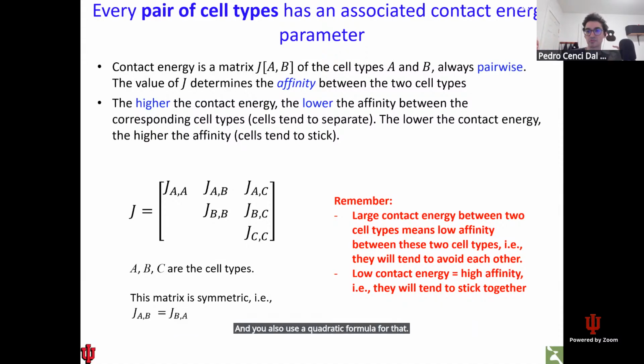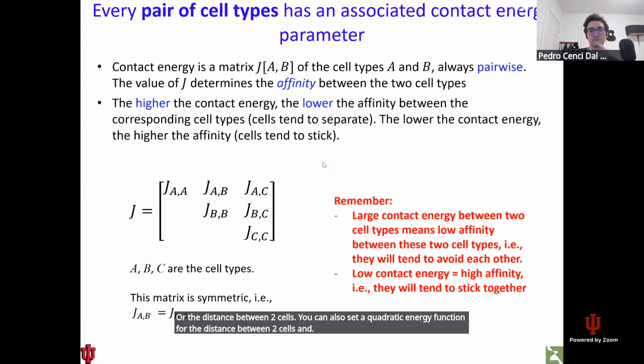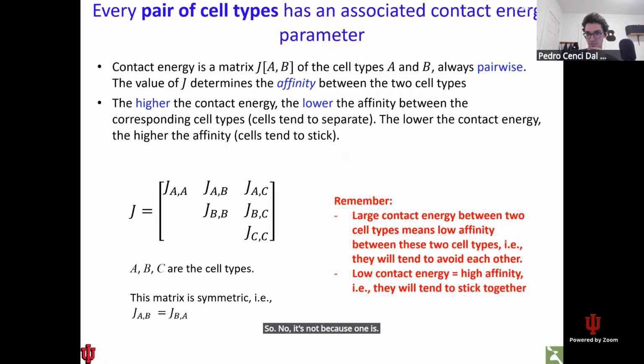Or the distance between two cells: you can also set a quadratic energy function for that distance, which is also linear. So it's not because one is linear and the other is volumetric or areal that you set something quadratic. It's because it's a constraint.